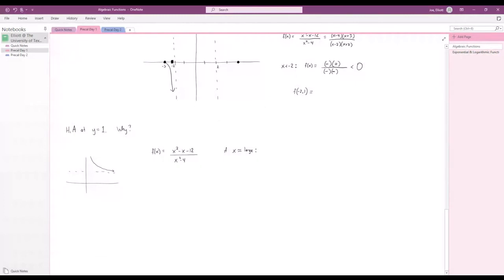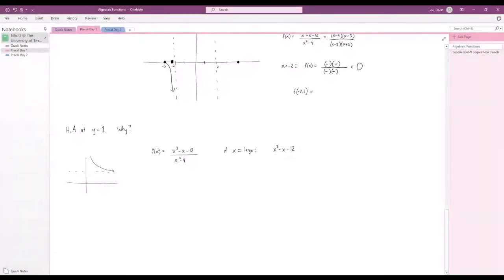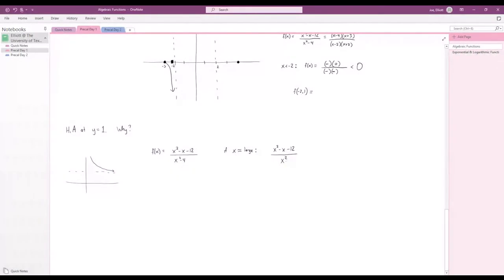Here, my intuition when I look at this is, well, I know when x is a large number, x squared is going to be much larger. If I square something big, I get a much bigger number. So in the numerator and the denominator, the highest power is x squared, and that term is going to overpower all the other terms, which are smaller.